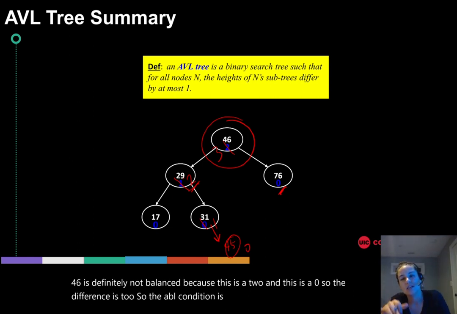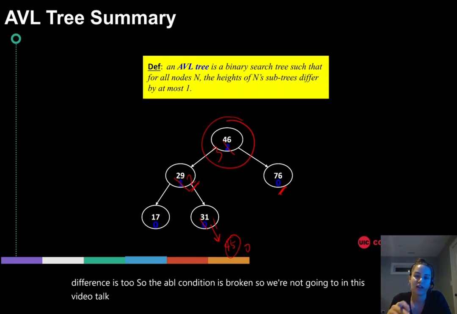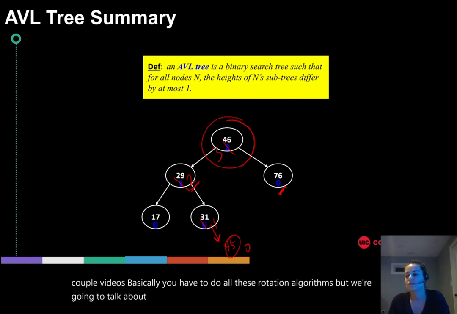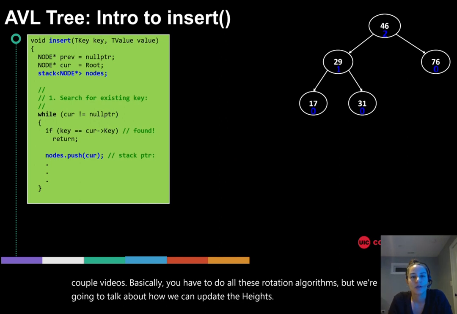So we're not going to, in this video, talk about how to fix it if an AVL tree is broken. We'll talk about that in the next couple of videos. Basically, you have to do all these rotation algorithms. But we're going to talk about how we can update the heights in this video.